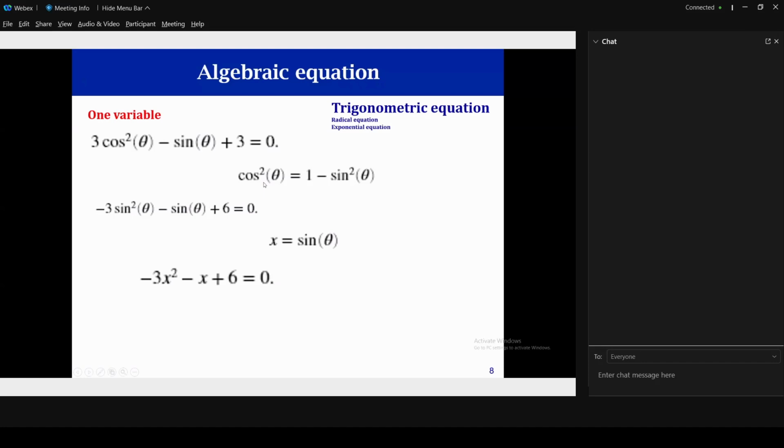And if I say x is equal to sine theta, this equation gets transformed to this form, and we can solve it by solve. So let's try this.